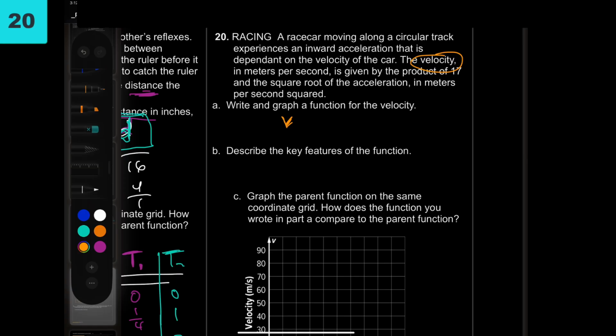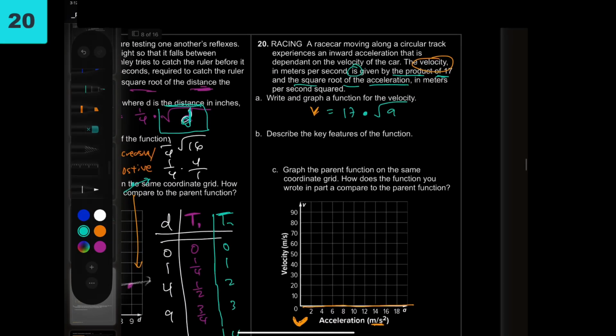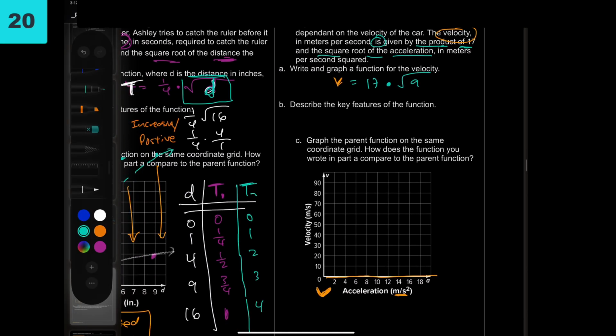Per second is given by the product of 17 and the square root of acceleration. Square root of acceleration, okay? Whoops, that's not V, there's V, there's A. So let's erase this one.